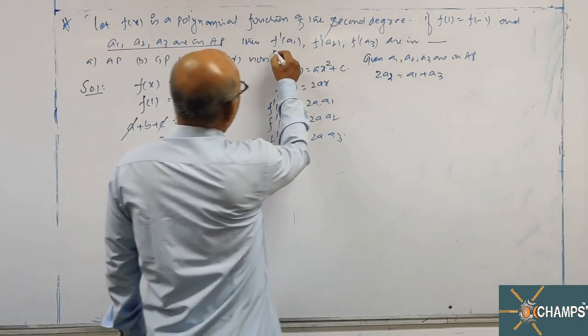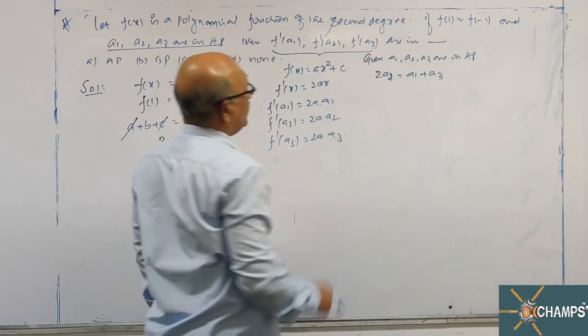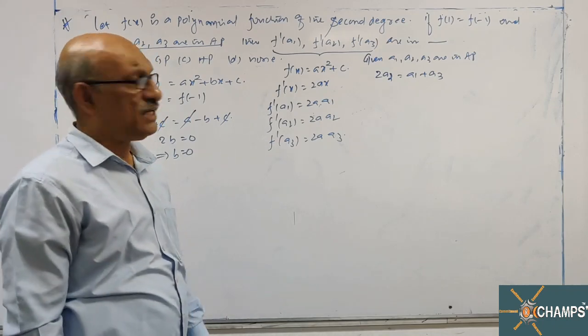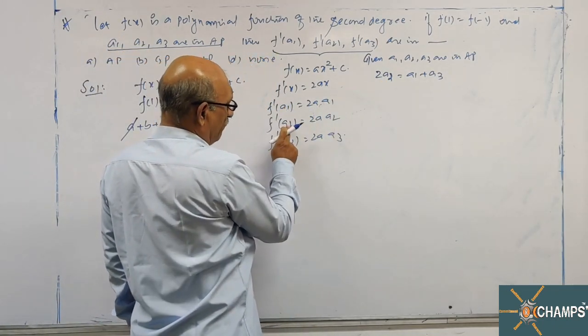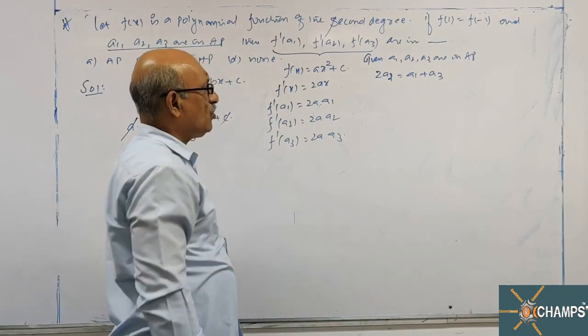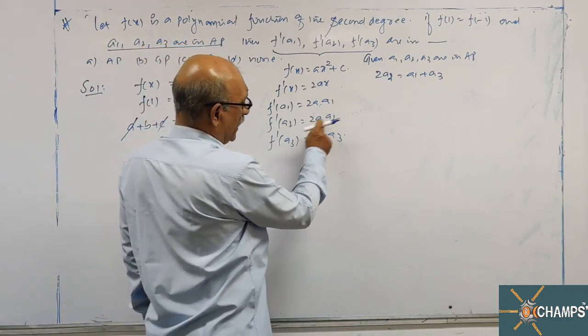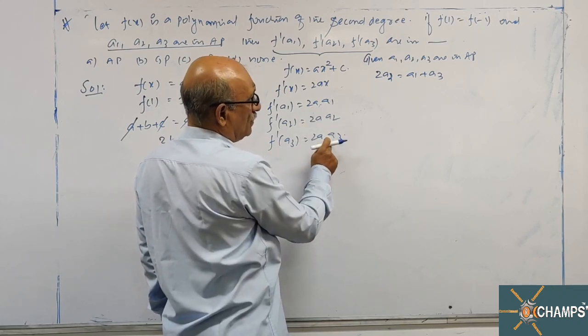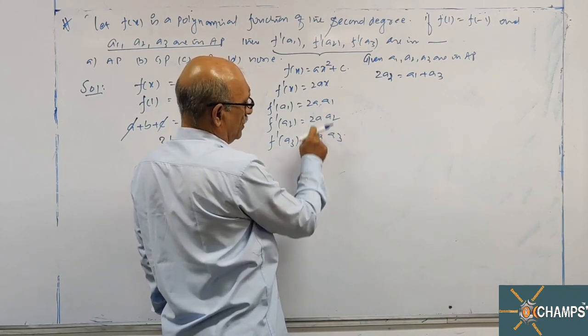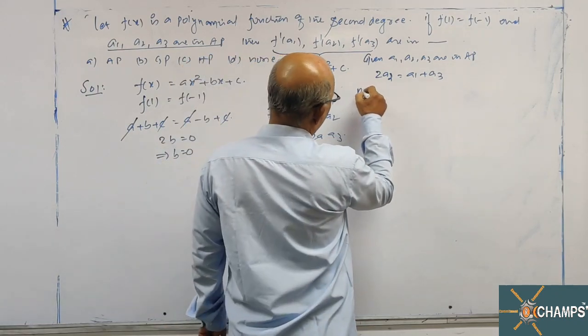Now you have to identify f dash a1, f dash a2, f dash a3 are in dash. Now f dash a1, f dash a2, f dash a3 I have to bring into the picture. Already 2a a2 I have, 2a a1, 2a a2 I need, 2a is required on both the sides.